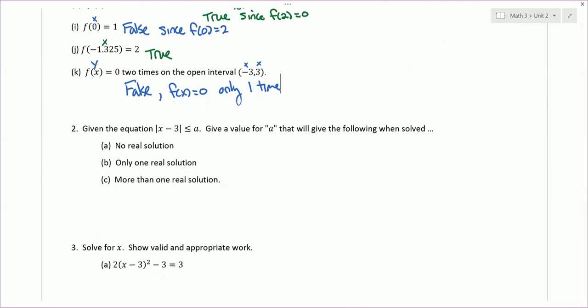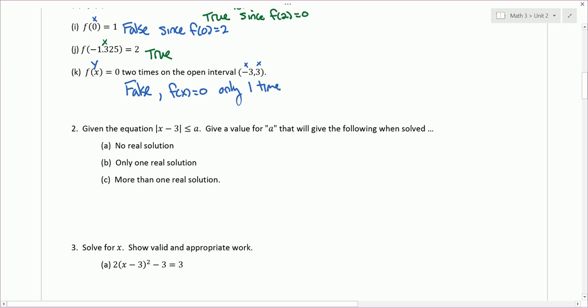All right, number 2. Given the equation, absolute value of x minus 3 is less than or equal to a, can we give a value for a that will give the following when we solve it? First of all, we want a value for a that will give us no real solution.